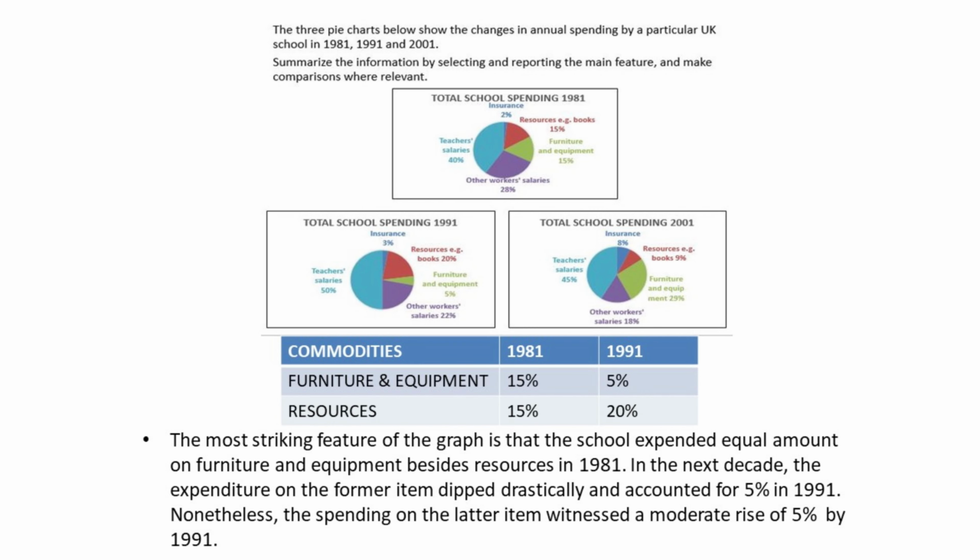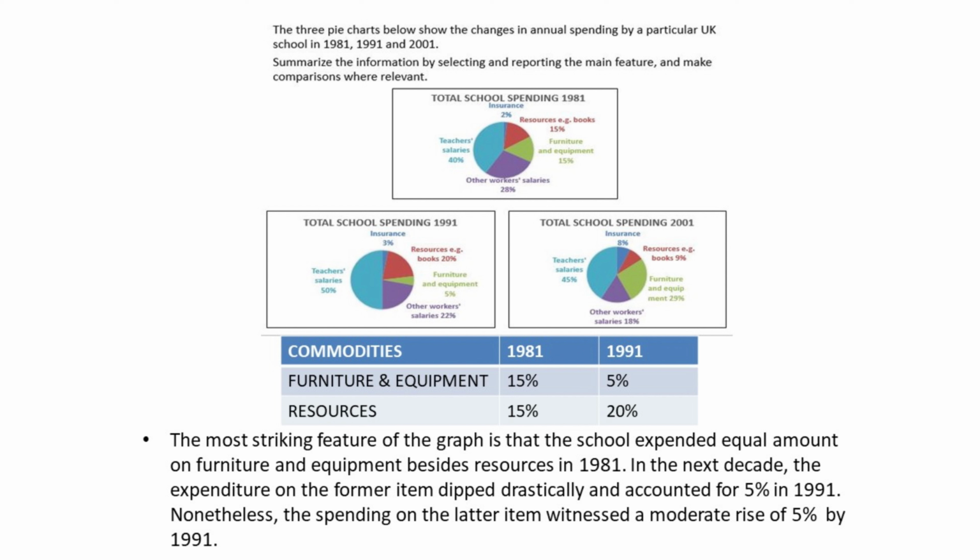Let us talk about the third comparison, and this is about furniture and equipment and resources. We can see that in 1981, exactly equal amount was spent on furniture and equipment and resources. But in case of furniture and equipment, this figure plunged, and for the resources, an increase of 5% was observed. So let's read what I have written.